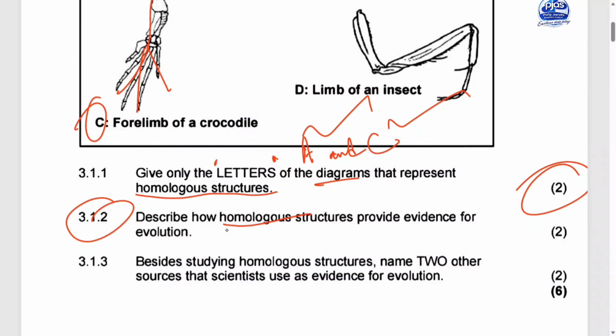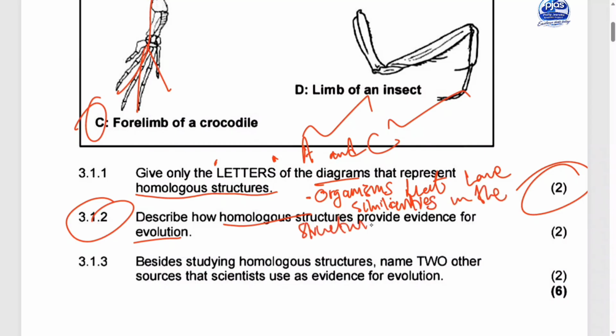So organisms that have similarities in structure indicate common ancestry. Homologous structures are organisms with similarities in structure, and they indicate the common ancestry.